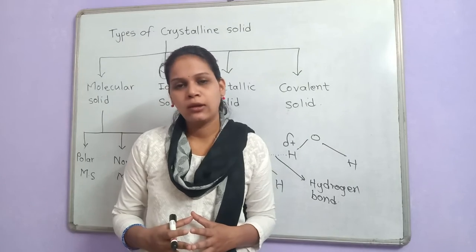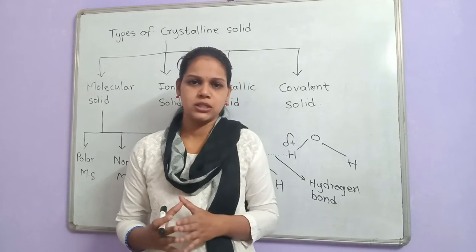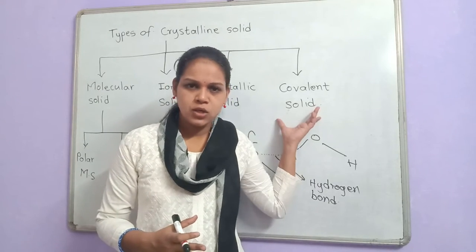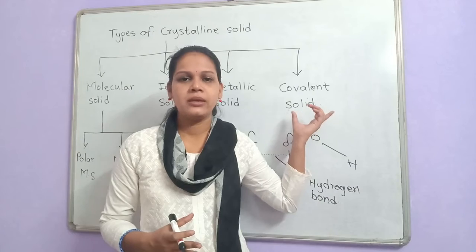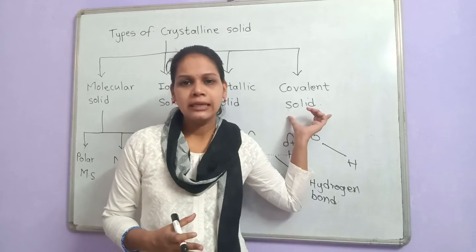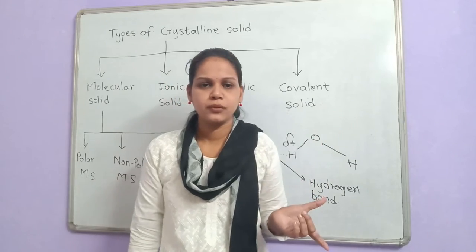All the allotropes of carbon are examples of covalent solids. These are also rigid, they have high melting points, and they are non-conductors or bad conductors of electricity.